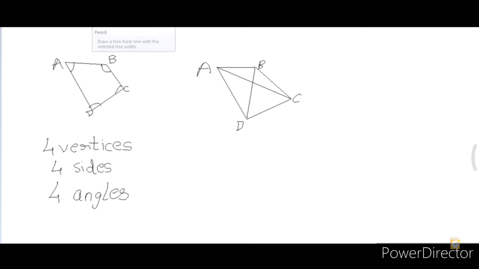These 2 line segments which join the opposite corners of the quadrilateral are called its diagonals. So, as you can see here, a quadrilateral has 2 diagonals.